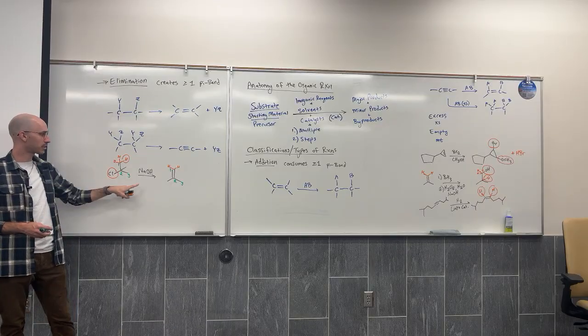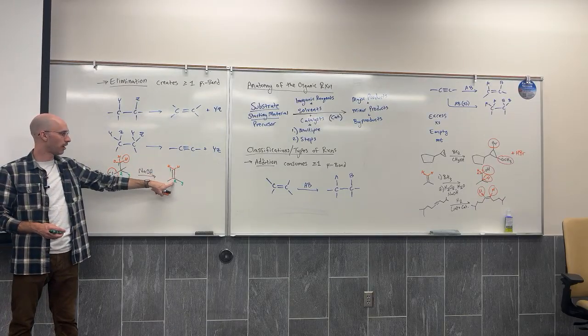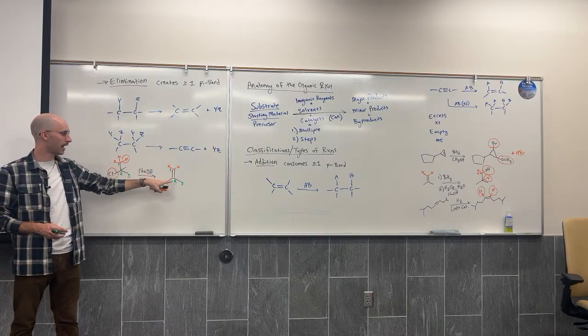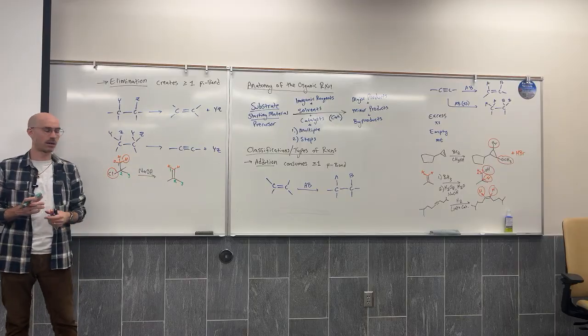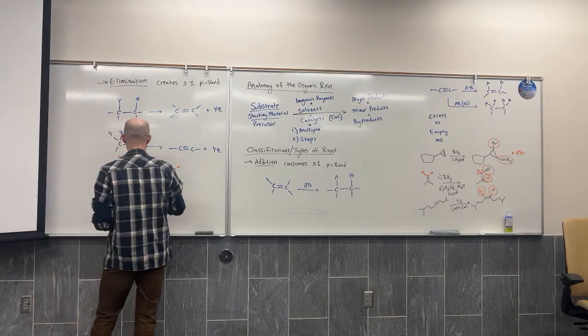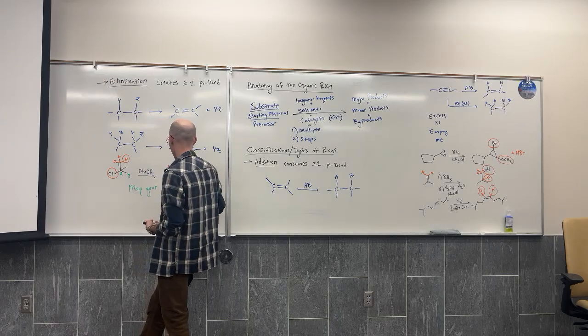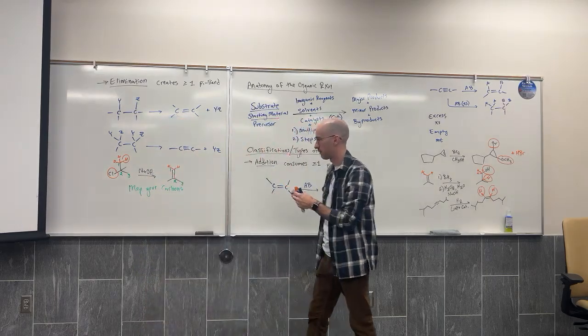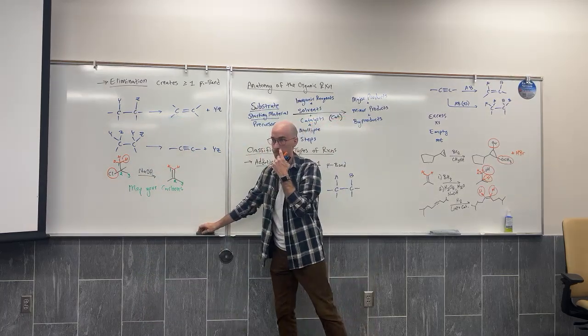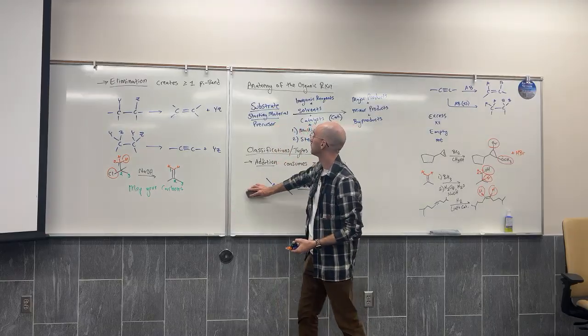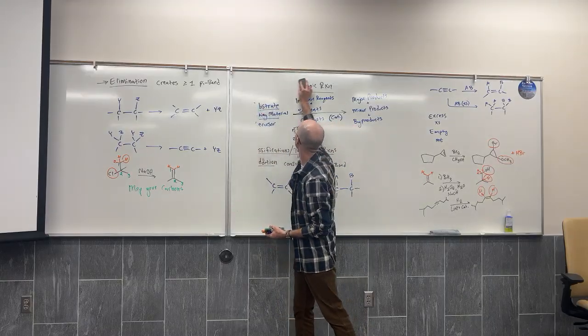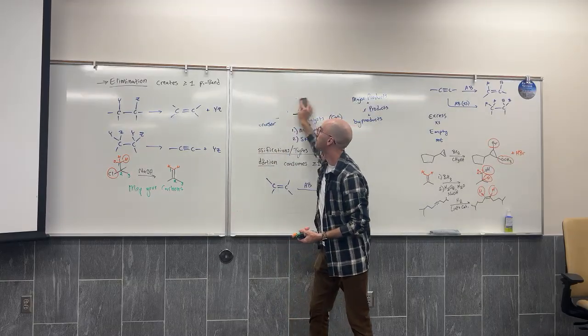Carbon 2 lost its chlorine, formed a double bond. Carbon 1 lost its hydrogen, lost its double bond. I was looking at the chlorine and then the methyl group on the other side and imagining it flipping up. Yep.